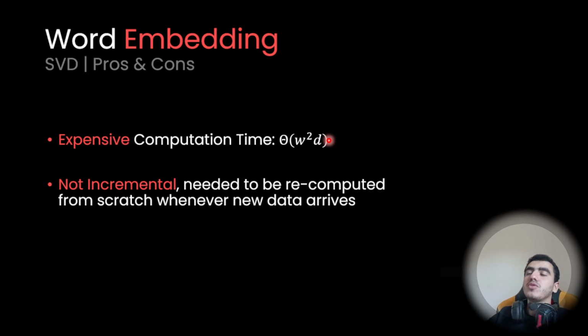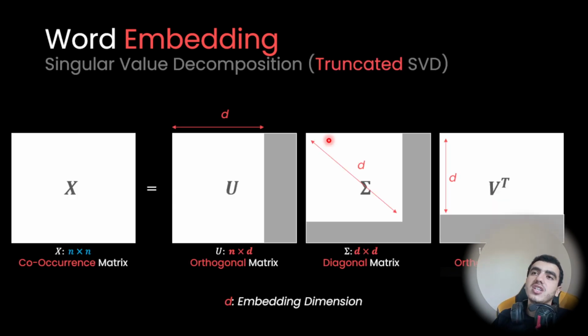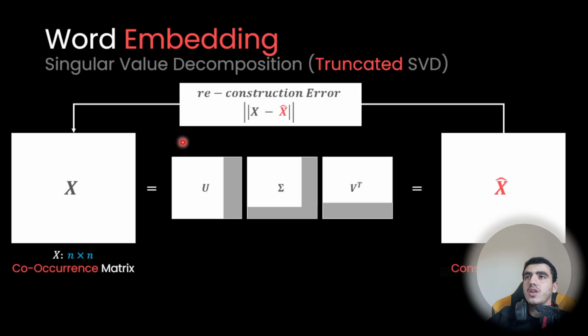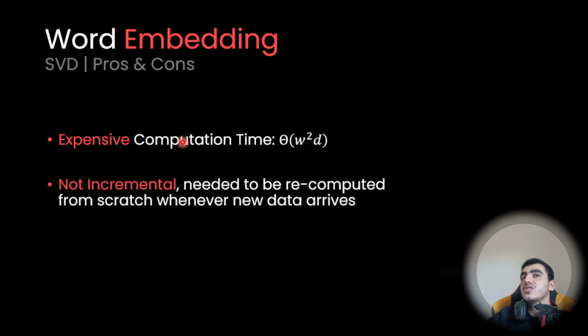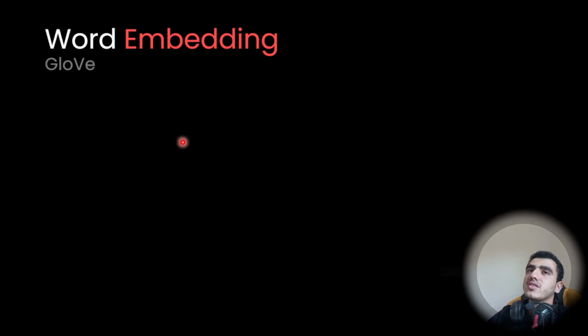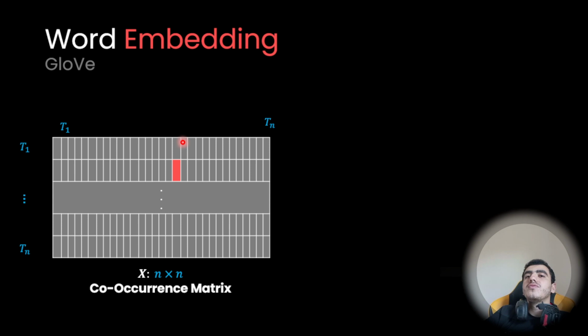But the main advantage is that these values will not be sparse anymore. I have a dense vector representing this token in a smaller dimension. This is the main objective of using SVD, which has been used for decades. But it's also not incremental: if I have new data, I need to recompute it from scratch again. That's another disadvantage.